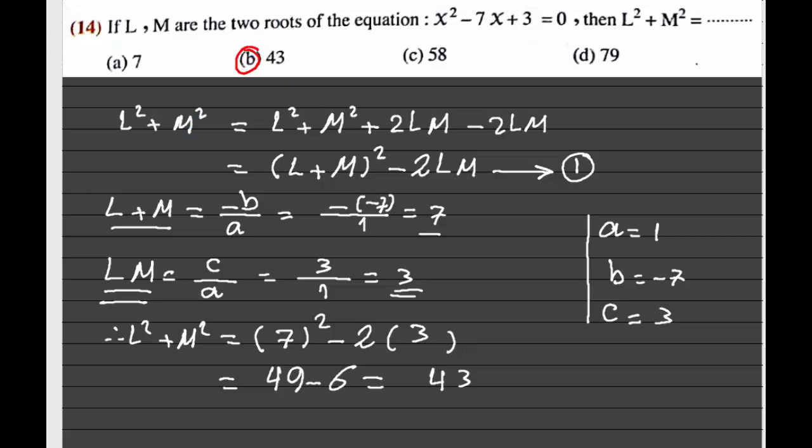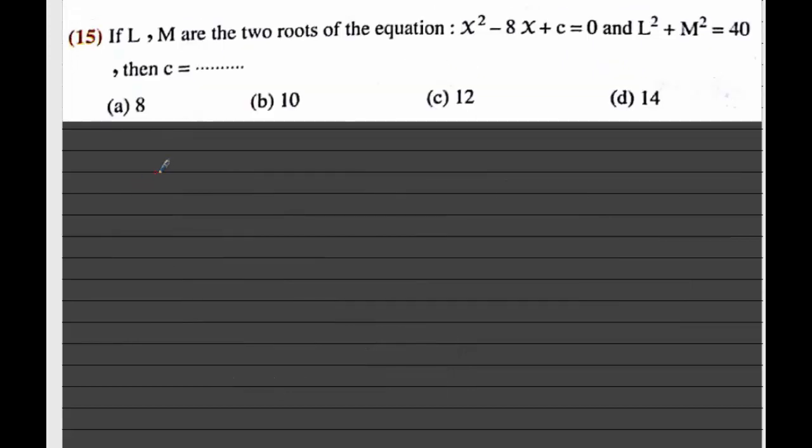Now question number 15. If L and M are the two roots of the equation x squared minus 8x plus c equals 0, and L squared plus M squared equals 40, the required here is to find the value of c.